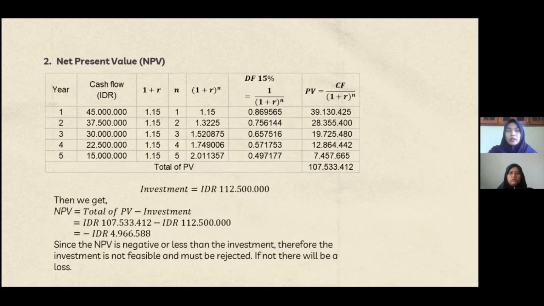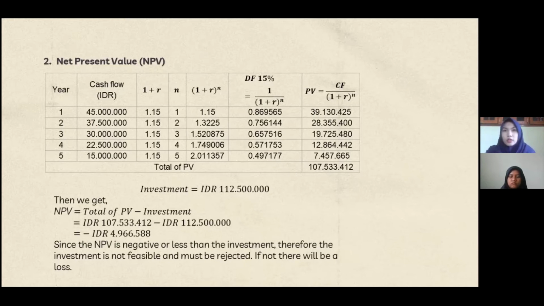We calculate 1 plus R, where R is the cost of capital and N is the years, and we calculate the cash flow over (1 plus R) to the power of N, and then we get the PV.